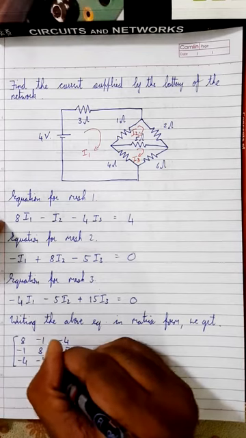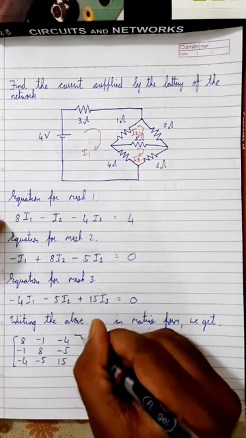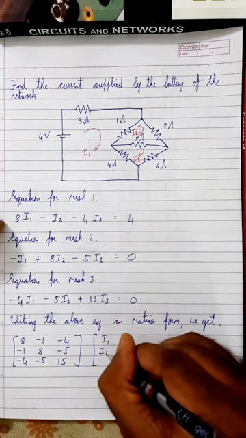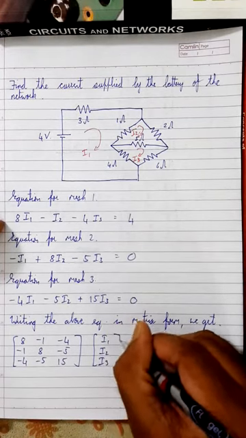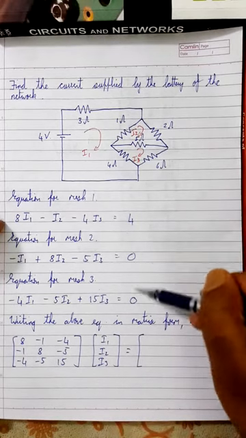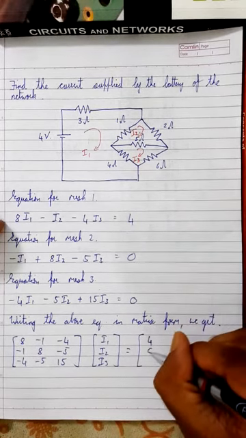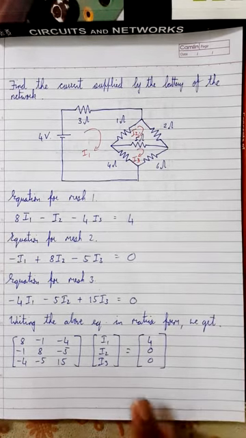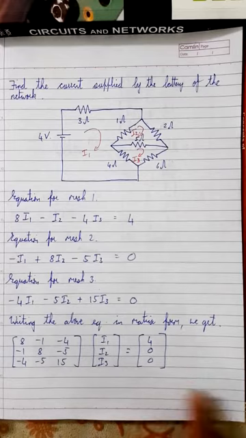The unknown variables are I1, I2 and I3, equal to the voltage source matrix 4, 0, 0. So this is the matrix equation. Now I will find the values of I1, I2 and I3.